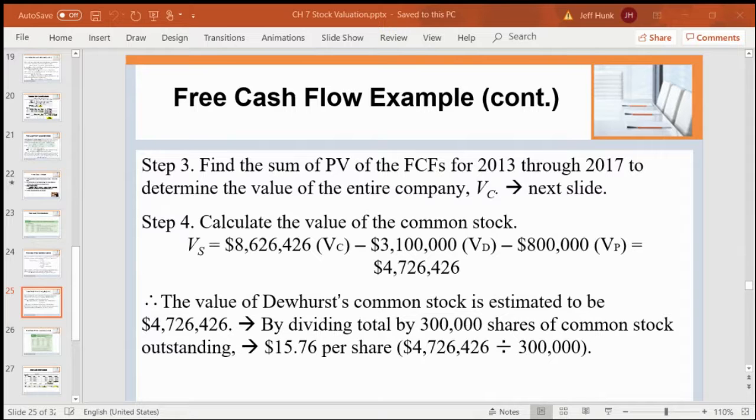And then to find the per share value, I divide it by the number of shares, and voila, that's the intrinsic value of the stock, the per share value. This is the free cash flow model, and you can tell the free cash flow model in this case is like an extended variable growth model.